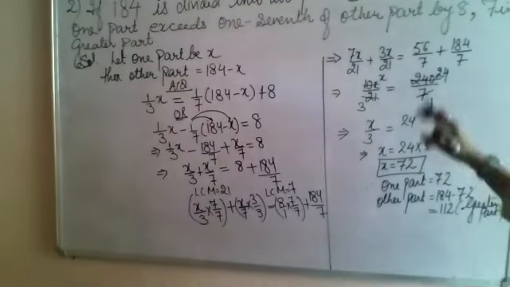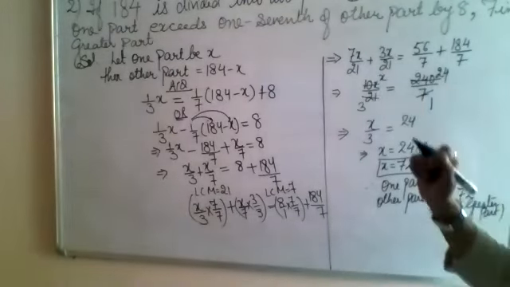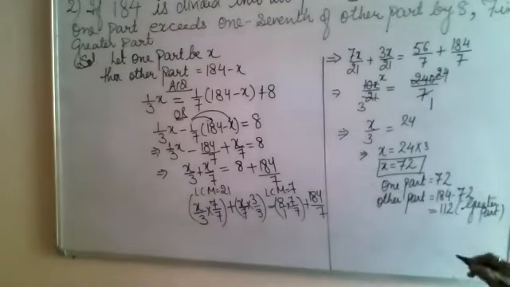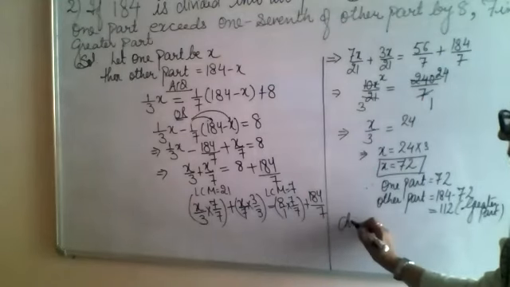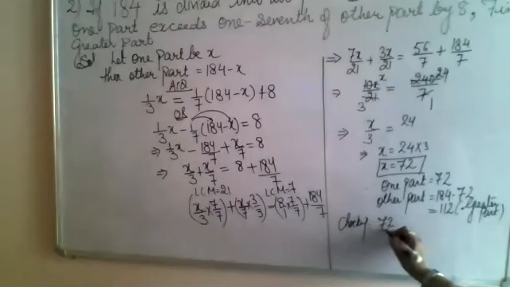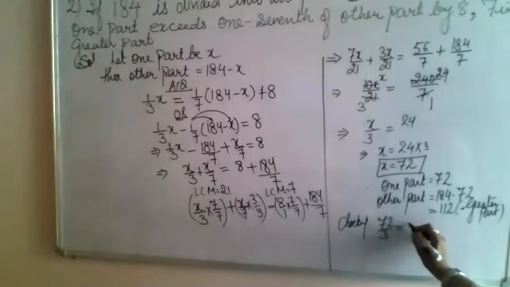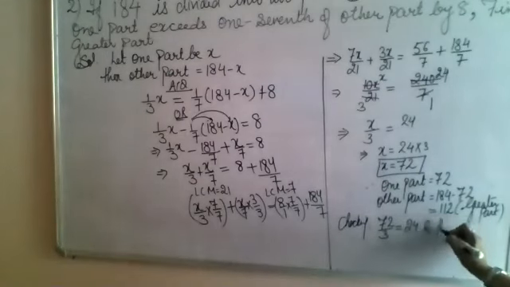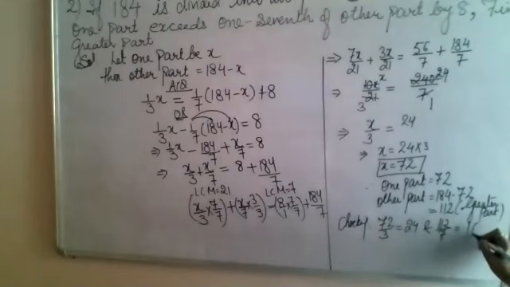Now you can also counter check whether your answer is correct or not. If you take 1/3 of 72, you can do the checking. 1/3 of 72 means 24, and 1/7 of 112 will be 16.